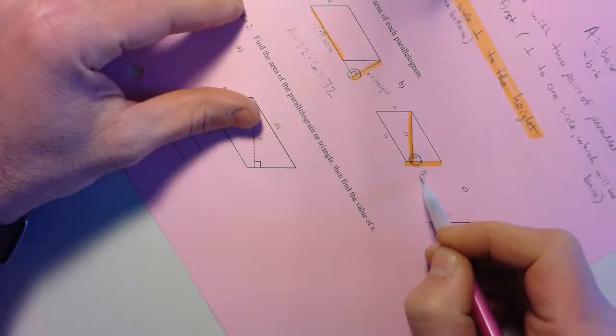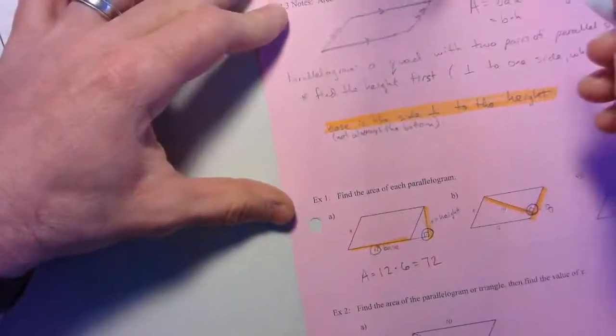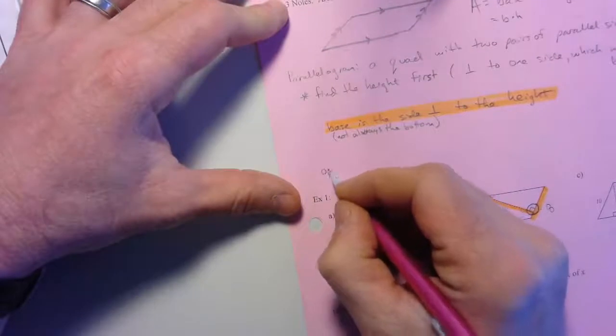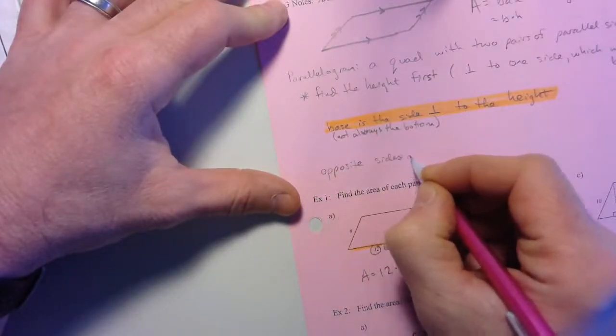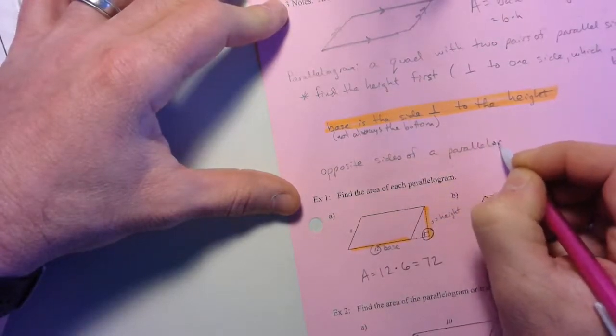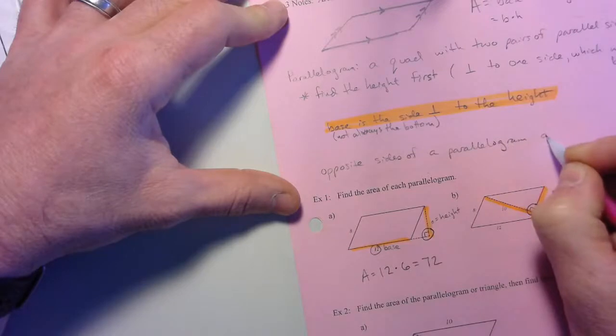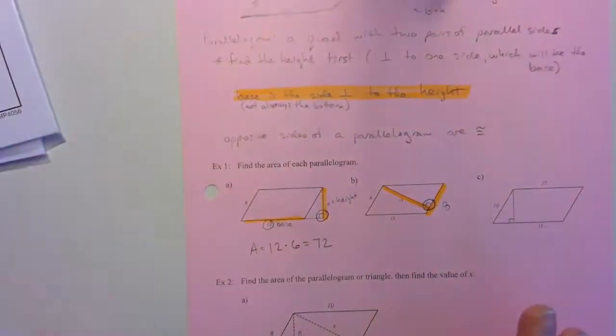Now, one of the other things you may or may not remember from years past is that the opposite sides of a parallelogram are congruent. It's not part of the definition, but it is a property that we're going to use a ton in this unit to help us out.